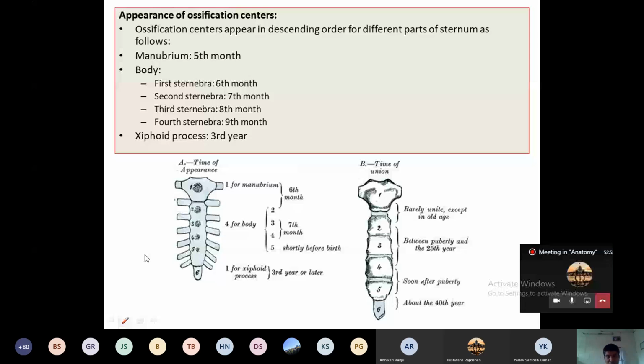This is the first sternebra for the body, this is the second, this is the third, this is the fourth sternebra. For the first sternebra, the ossification center will appear in the 6th month, for the second, 7th month, for the third, 8th month, for the fourth, 9th month, and for the xiphoid process, it will appear in the 3rd year after birth.